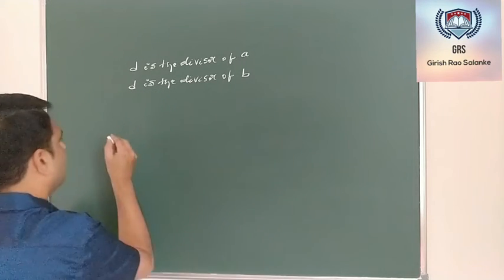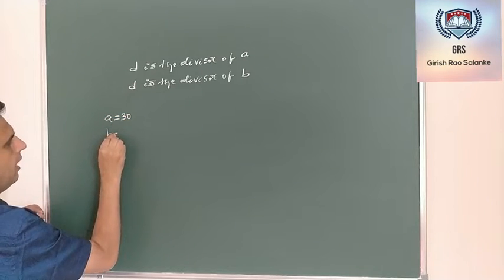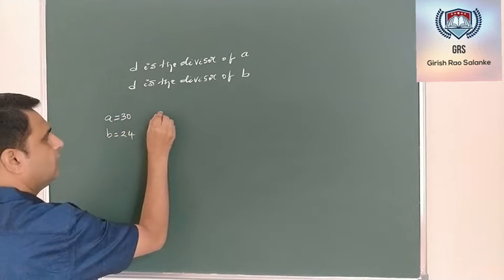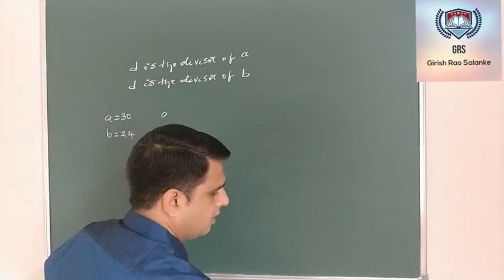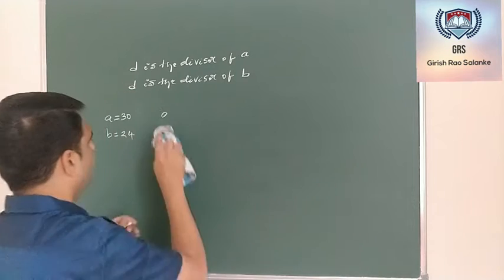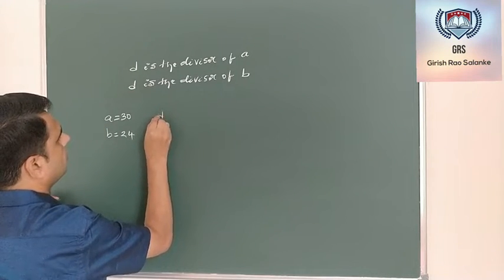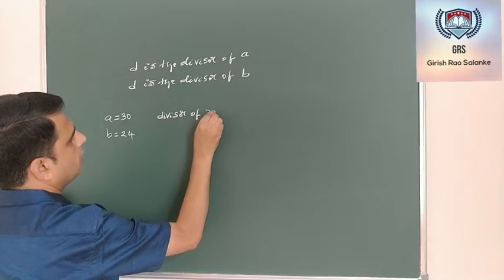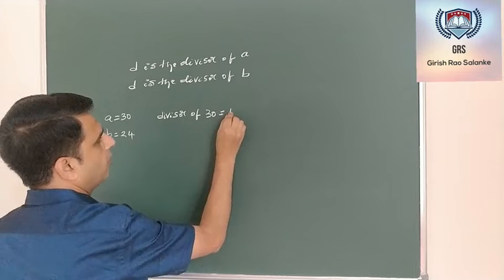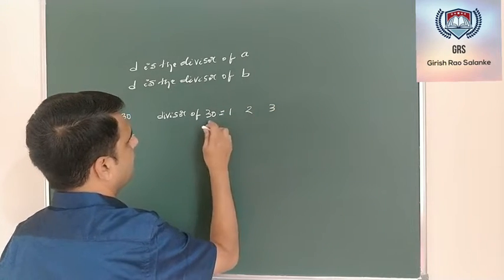Let's have A as 30 and B as 24. The divisors of 30: 30 is divided by 1, 2, 3. Can it be divided by 4?